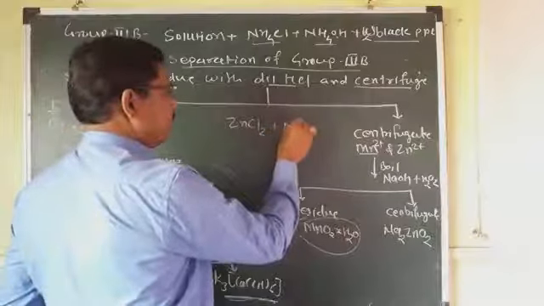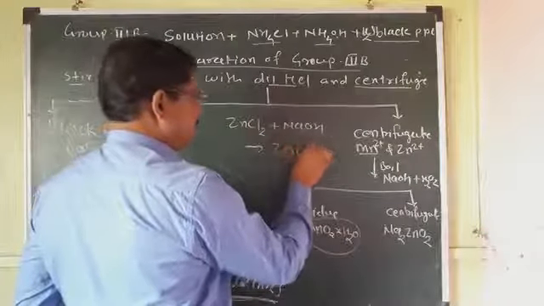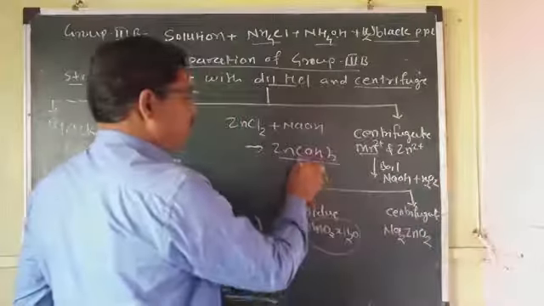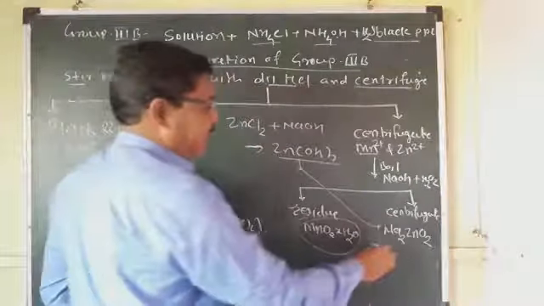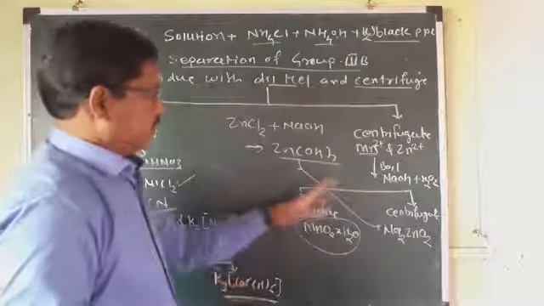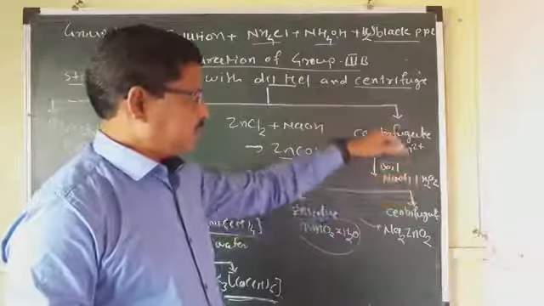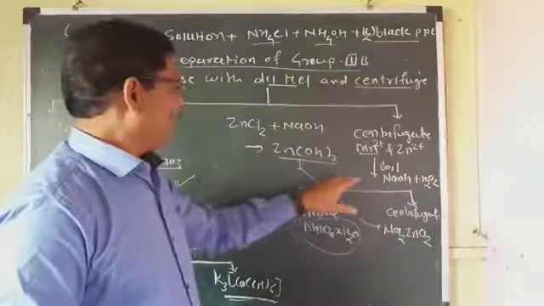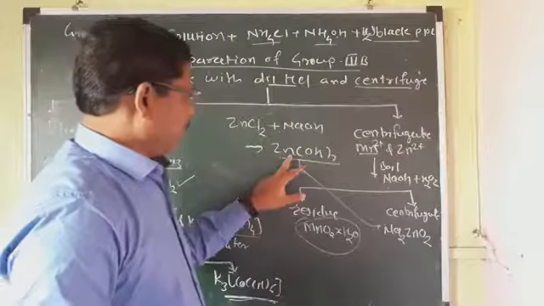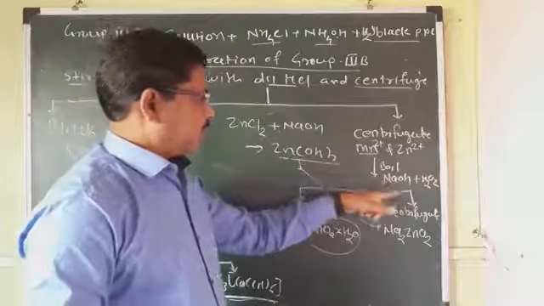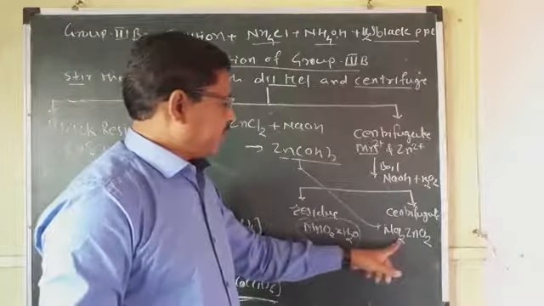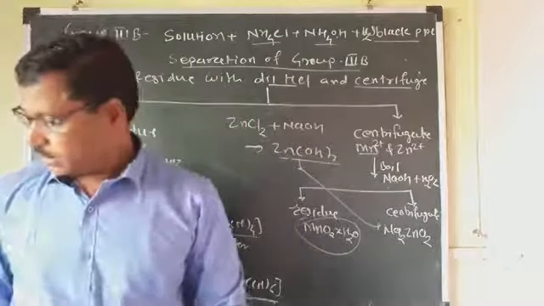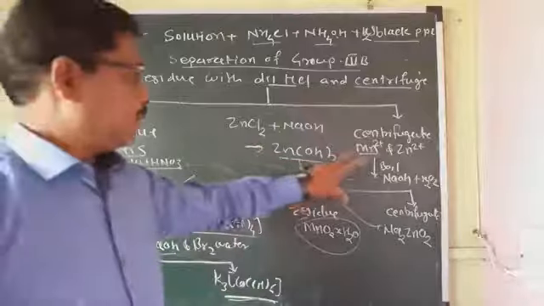Zinc chloride treated with NaOH forms zinc hydroxide, but with excess sodium hydroxide in presence of hydrogen peroxide it forms sodium zincate, Na2ZnO2. So the group is separated using specific reagents.